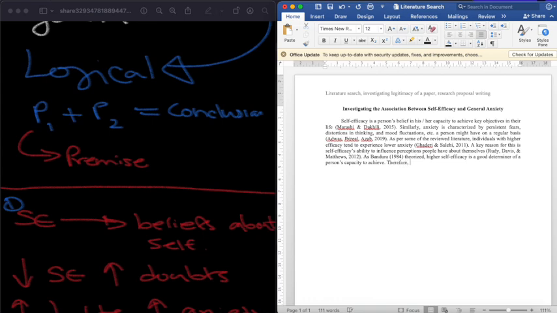Therefore, in the present research, authors reason self-efficacy and anxiety to have a clear relationship that needs to be investigated further to help individuals or help students.